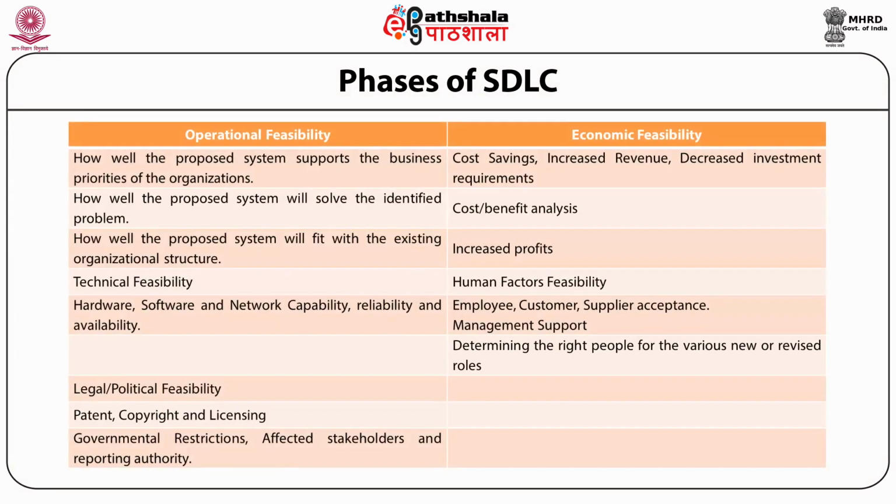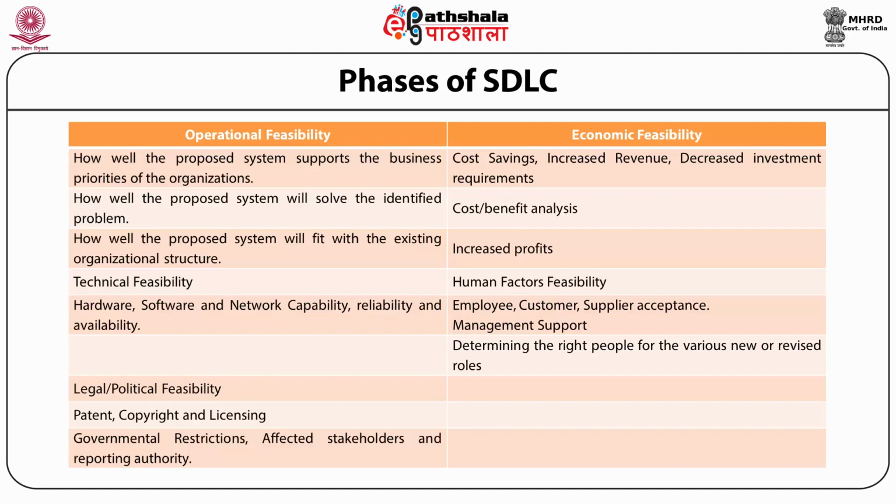Operational feasibility refers to how well the proposed system supports business priorities of the organization, how well the proposed system will solve the identified problem, and how well it will fit with the existing organizational structure.